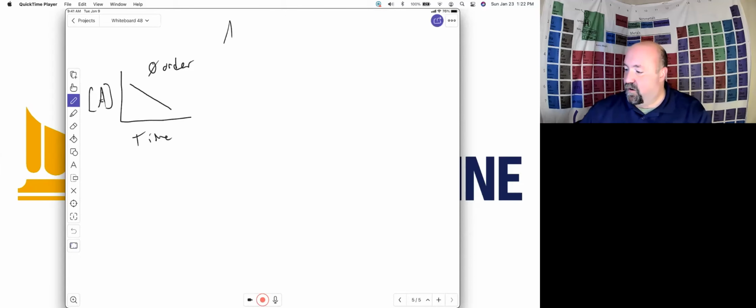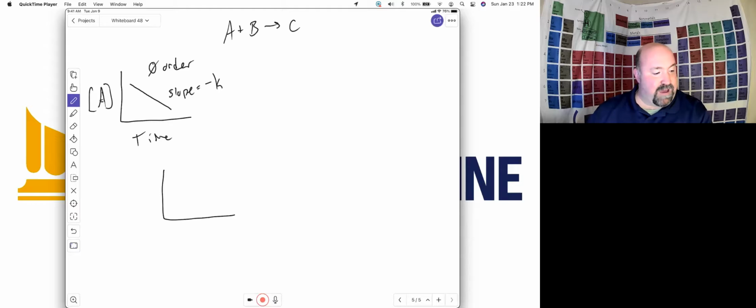So again, in our classic A plus B goes to C, if we take a graph of the concentration of A over time, and that's linear, then the reaction would be called 0 order with respect to A. And the slope of this line equals our negative K value in our rate law. And that's if it's linear.